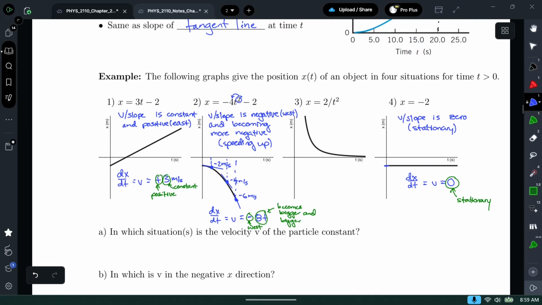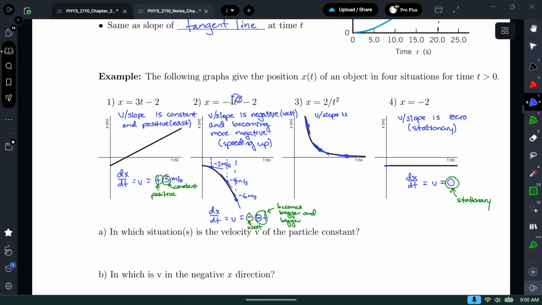All right, now for number 3. What would you say about that slope? It's decreasing. It is decreasing, so if I sketch it in, I can see it's getting more and more shallow. So what would you say about that vehicle or whatever it is? What's it doing?